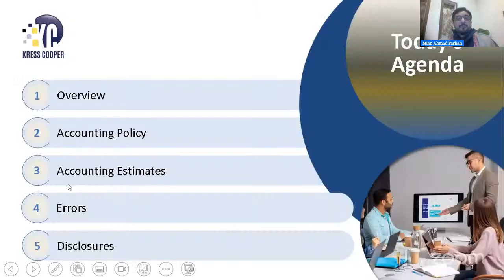Wonderful. So today we will be discussing the overview of the standard, which is in fact IAS 8. What is an accounting policy, how are accounting policies and accounting estimates different, when does a change in accounting policy happen, and how are changes in accounting estimates accounted for?